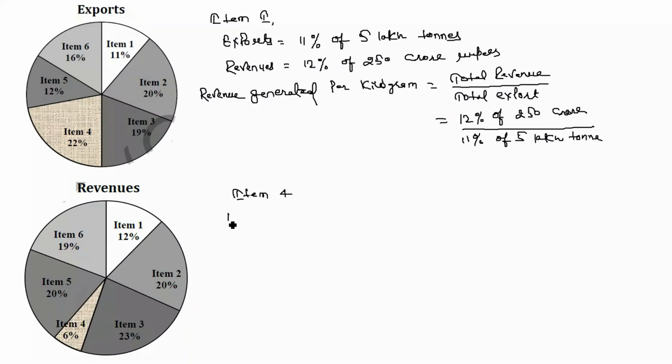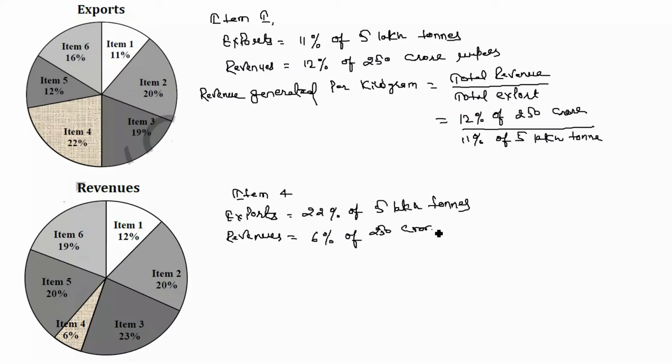Now for item 4, the export is 22% of total export, which is 5 lakh tons. Now the revenue for item 4 is 6% of 250 crore rupees.